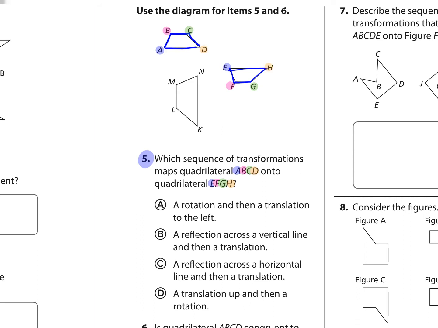And so what I can notice very quickly is that A and B went upside down to go to E and F. C and D went upside down to go to G and H. So it's upside down. Which means that when it went upside down, it's going to look something like this.